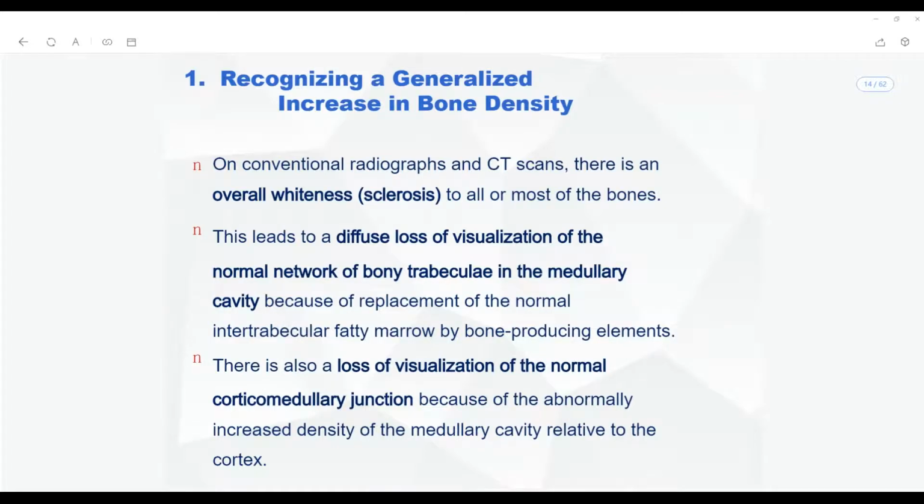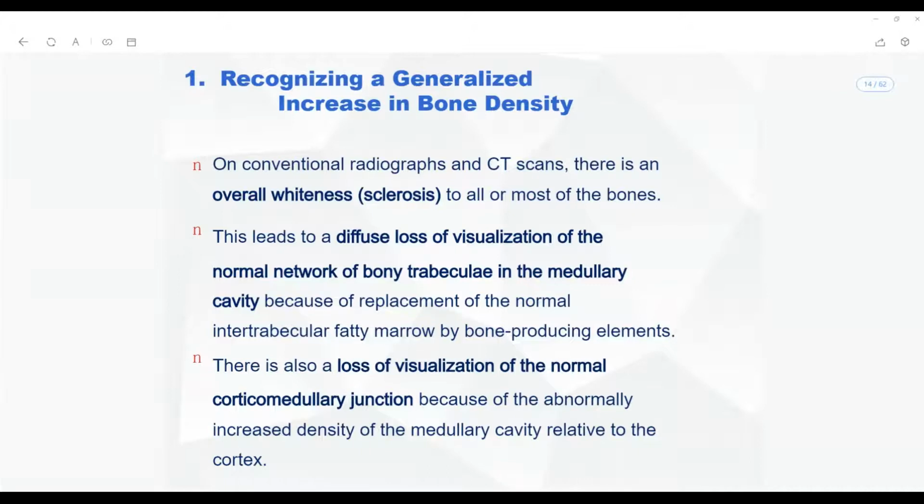In case of osteosclerosis, there will be increased density. There is an overall whiteness of the bones. This leads to a diffuse loss of visualization of the normal network of the bony trabeculae.